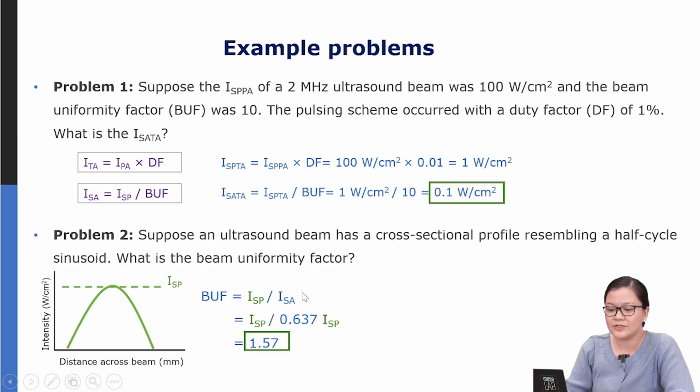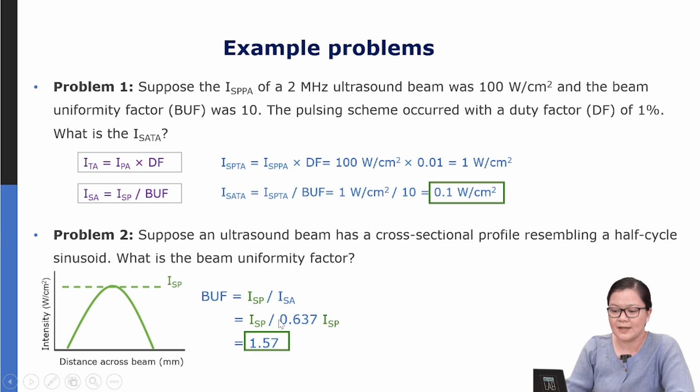So we know the relationship of the beam uniformity factor and the spatial peak and the spatial average intensity. We also know that if you integrate across the half cycle of a sinusoid, it would be 0.637 of the peak intensity right here. So what we would do here is substitute the spatial average intensity with 0.637 times the spatial peak intensity.